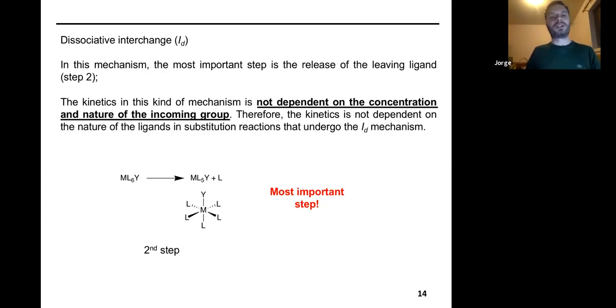And I started talking with you about some different substitution mechanisms in inorganic chemistry.